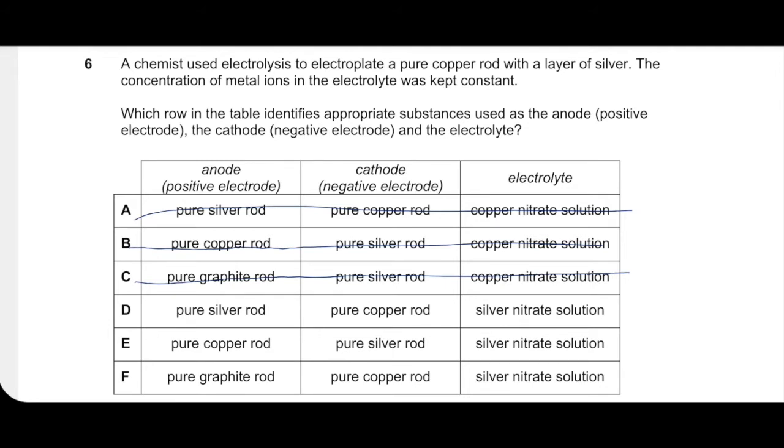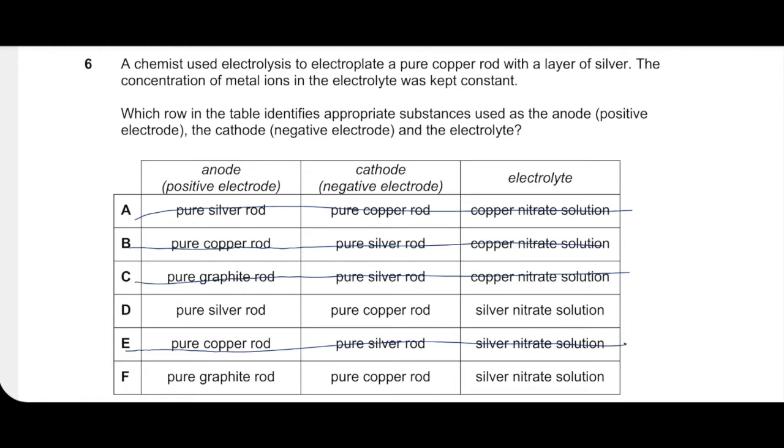And we want to coat the copper rod. So therefore, the cathode has to be the pure copper rod. So we could eliminate E. Now, finally moving on to the anode, which is the positive electrode.